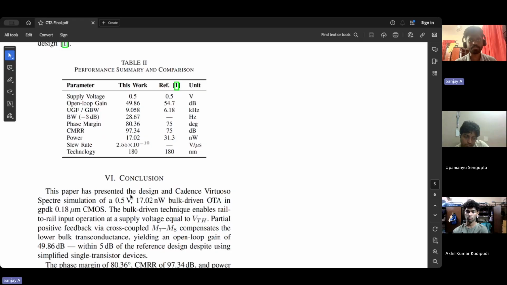No tail current supply for headroom. Channel length of 1 micrometer for a high R out. Partial positive feedback with M equal to 0.7 for gain recovery, and 15 nanoampere bias current for nanowatt power with adequate bandwidth. This is a complete simulation verified analog design, and we believe it demonstrates strong suitability as a front-end amplifier for ECG and other low frequency biomedical acquisition systems.